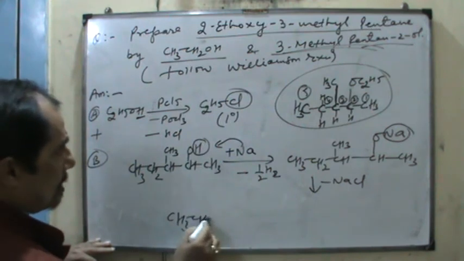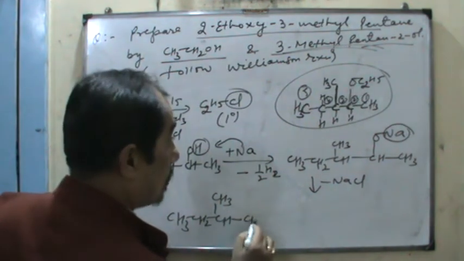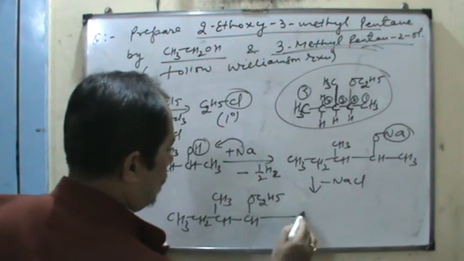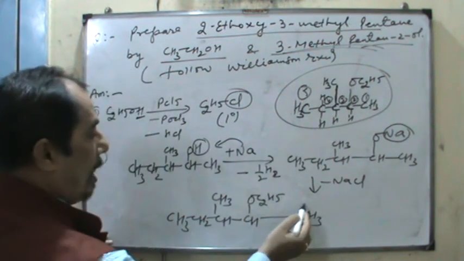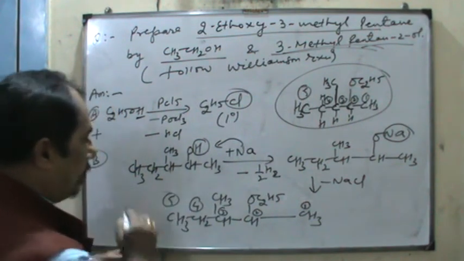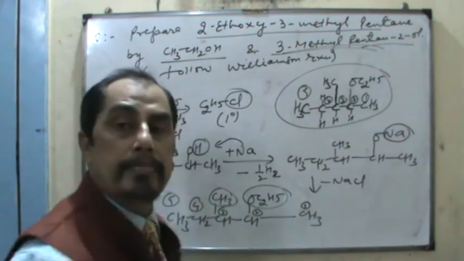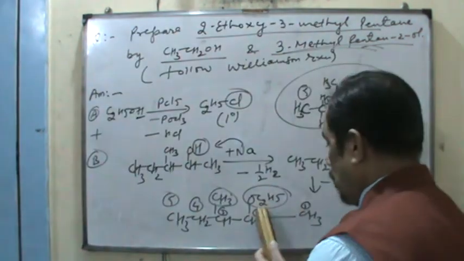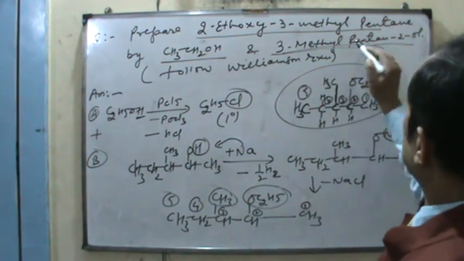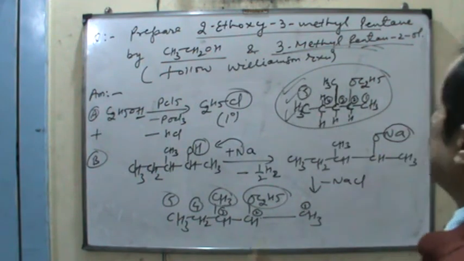CH3, CH(OC2H5), CH(CH3), CH2, CH3, numbered 1, 2, 3, 4 and 5: 2-ethoxy 3-methyl pentane. Before that I had written 2-ethoxy 3-methyl pentane.